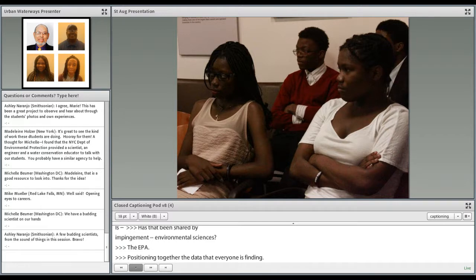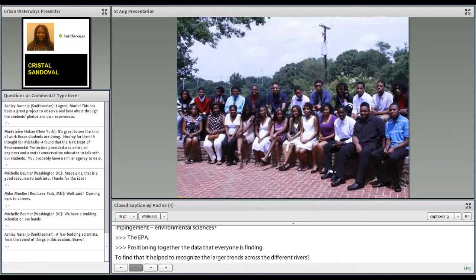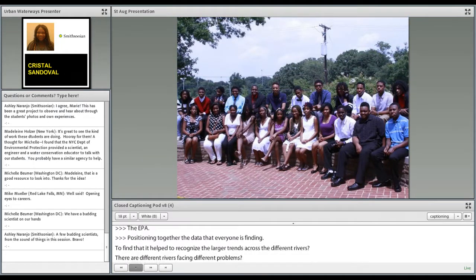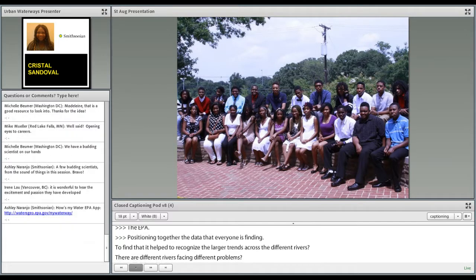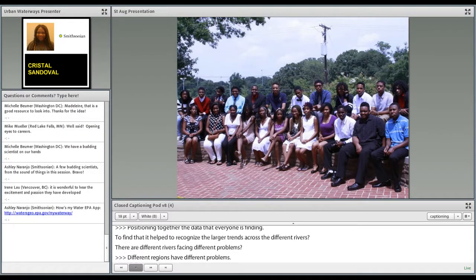It's mostly different regions have different problems, because some regions would just have a trash problem. One would have phosphorus nitrates. One would have excess sediment. But in general, all of those are terrible things that humans do to the water.